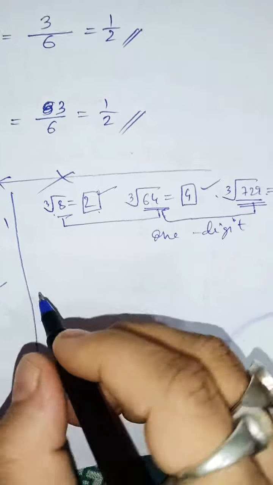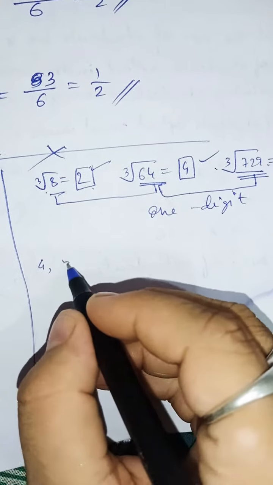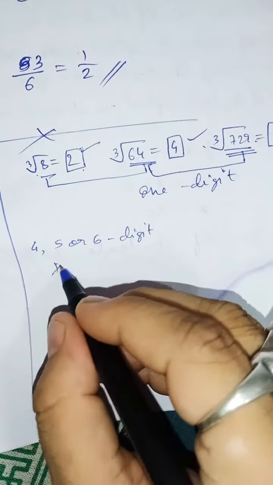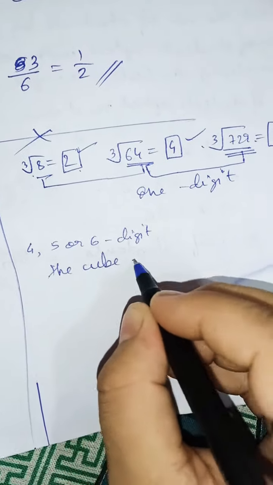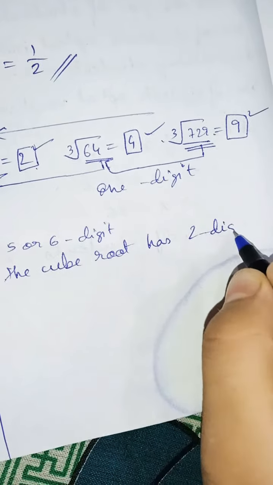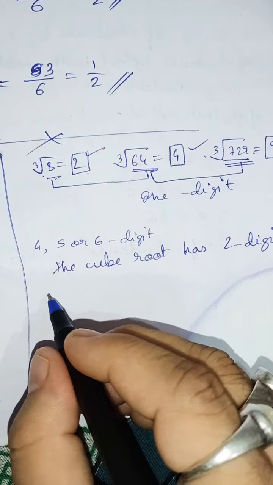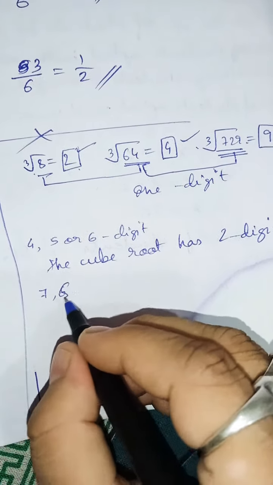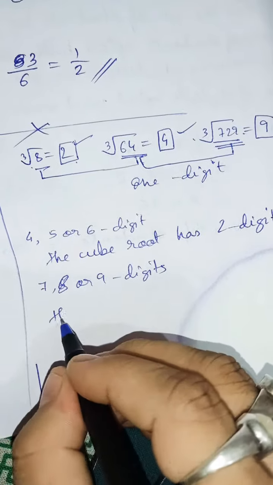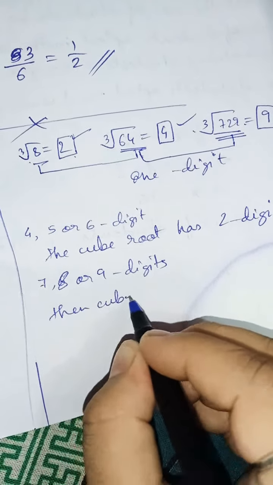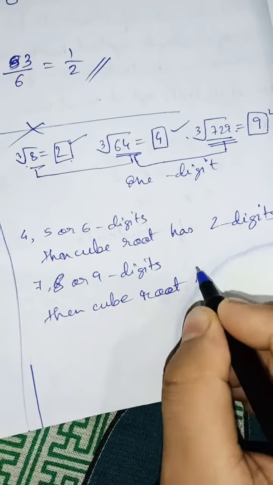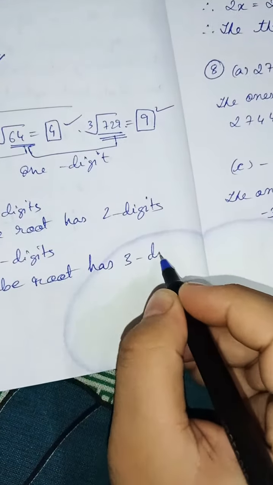But if I take a number with 4, 5 or 6 digits, then the cube root has 2 digits. If I take a number with 7, 8 or 9 digits, then the cube root has 3 digits.